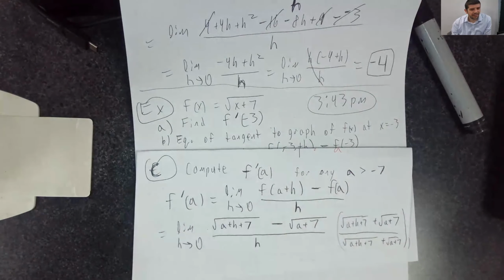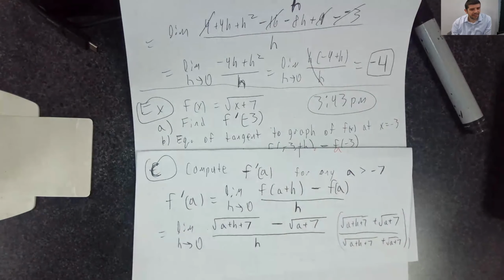What can I cancel in the numerator? A cancels. What else cancels? 7. What am I left with? h. I can cancel h with the denominator. What am I left with? I have very little left.